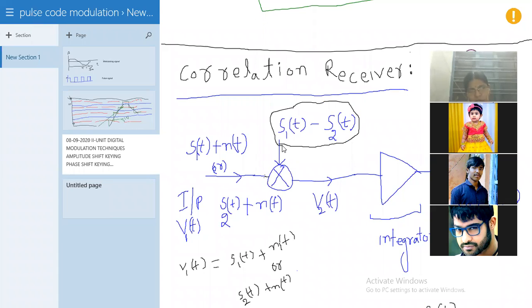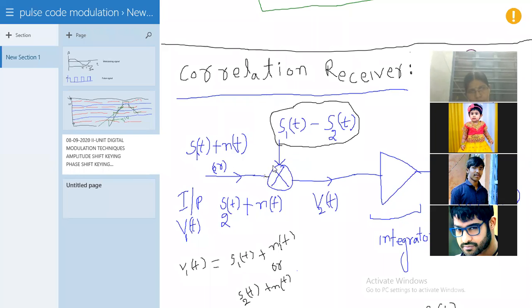Here we can use PSK, phase shift keying. S1 of t is how we represent and transmit logic 1, and S2 of t is for 0. Similarly, S1 of t is a logic 1, and D of t is multiplied with the carrier.